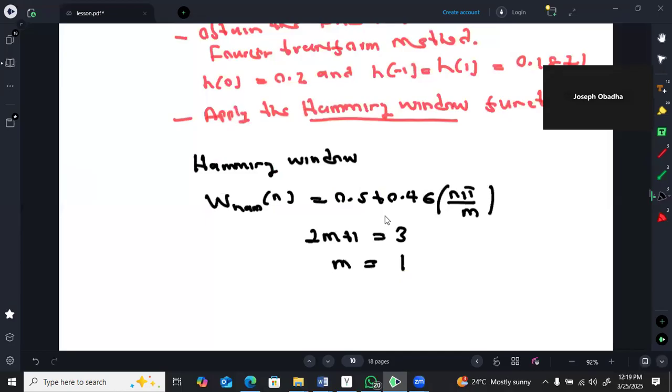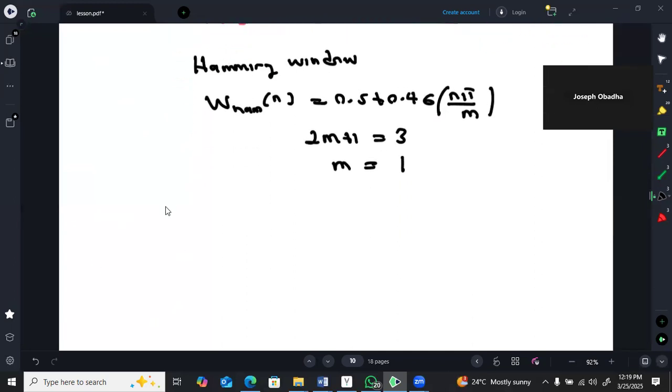So if we apply this to the Hamming window, then we would get W Ham 0 when n equal to 0 here. Put 0 everywhere. Put n equal to 0 there. You can see if you put n equal to 0, the whole of this term would be equal to 0.